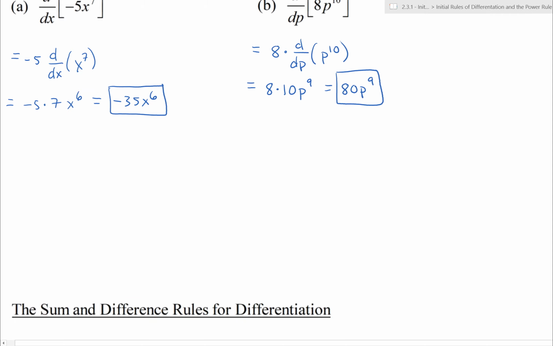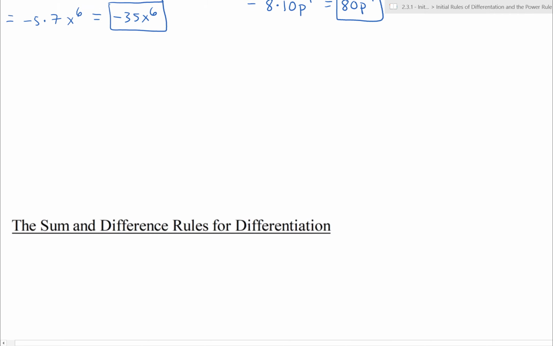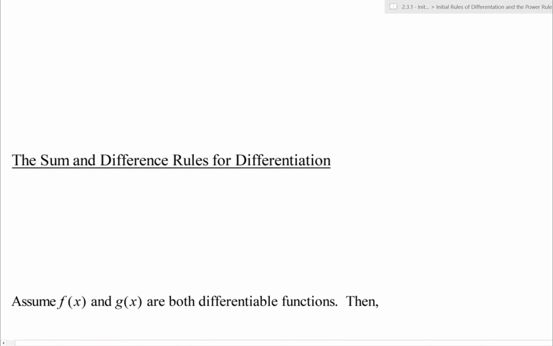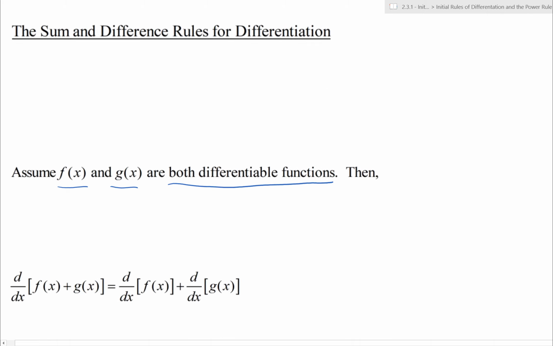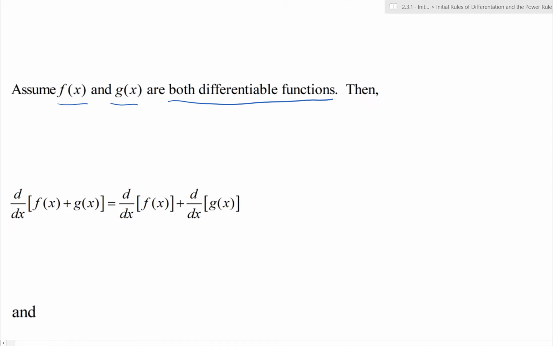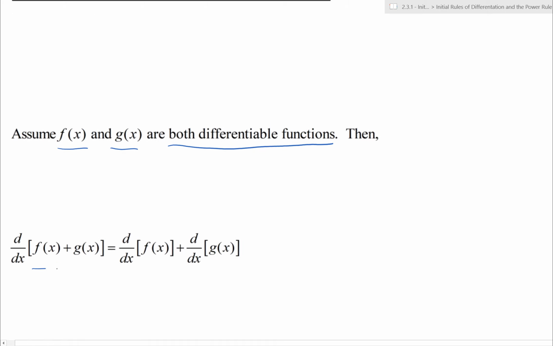Okay, what else? Another initial rule, sum and difference rules for differentiation. Let's suppose now we got two functions, say f of x and g of x, and they are both assumed to be differentiable. Then, if I take the derivative of the sum of the two functions, say f of x plus g of x, that's the same as the sum of their corresponding derivatives.